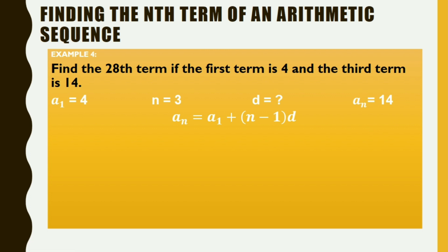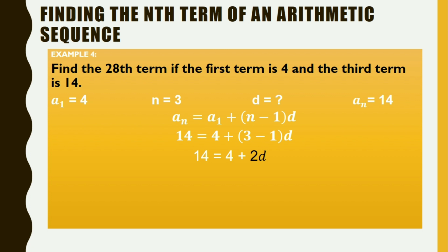a sub n is equal to a sub 1 plus quantity n minus 1 times d, our formula. Substitute, we have 14 is equal to 4 plus quantity 3 minus 1 times d. Again, the one in parentheses, 3 minus 1 is equal to 2, times d is equal to 2d.